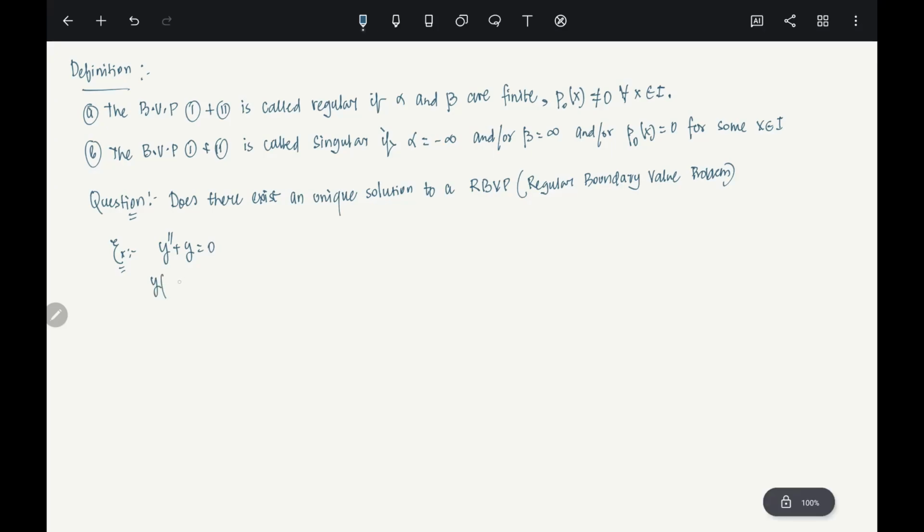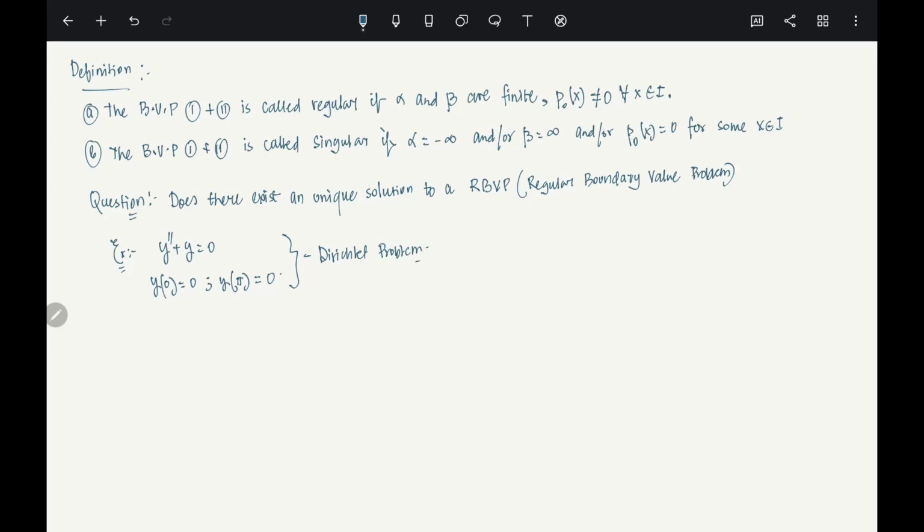Let's say y(0) equals 0, and y at the point pi equals 0. So your alpha and beta are 0 and pi. So this is a regular Sturm-Liouville boundary value problem, absolutely no issues there. First of all, identify what sort of problem it is. This is called a Dirichlet problem.